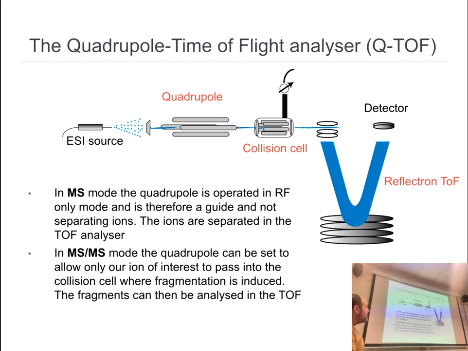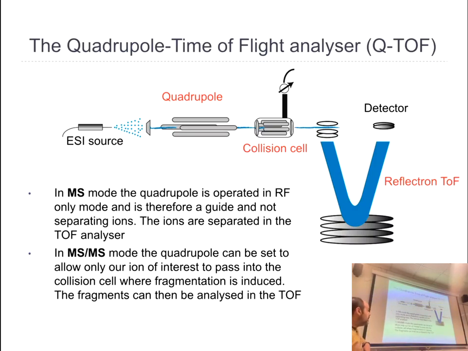So a QTOF, quadrupole time of flight instrument, you can use in two modes. One is MS mode, where you're not doing any fragmentation. You say, okay, let all the ions through, don't do any fragmentation, don't increase the collision energy, no gas in here. Boom. And then just use it effectively as a time of flight. So you can use it as a time of flight and measure everything that's in your sample.